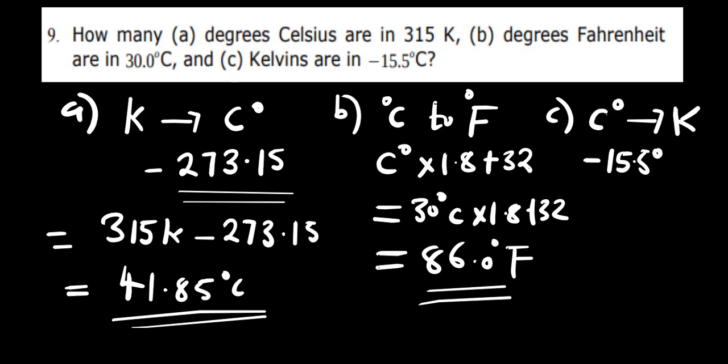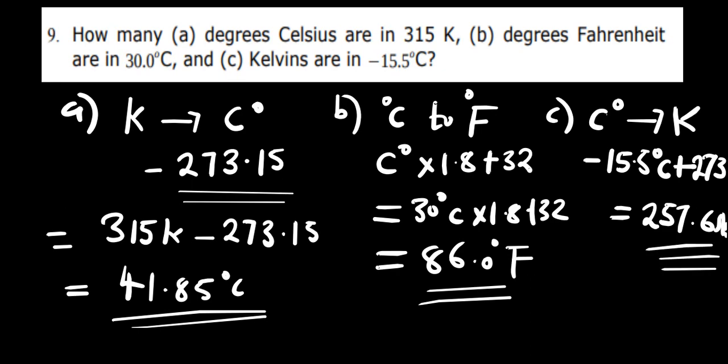Because we're going to Kelvin, we're going to add 273.15 to negative 15.5 degrees Celsius. When you add these two, I'm getting 257.65 kelvins. So that is our final answer. Just know these conversion units, then you are good to go.